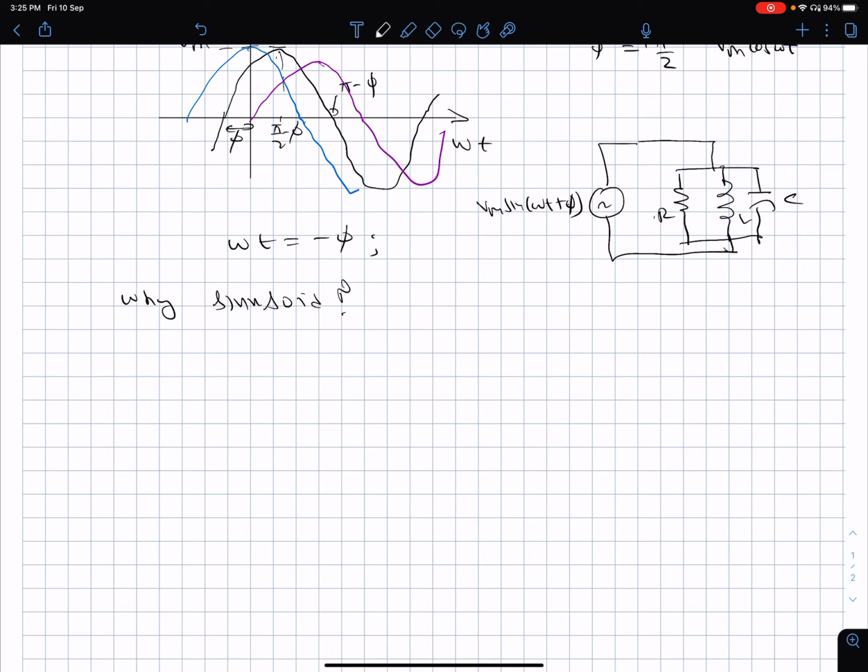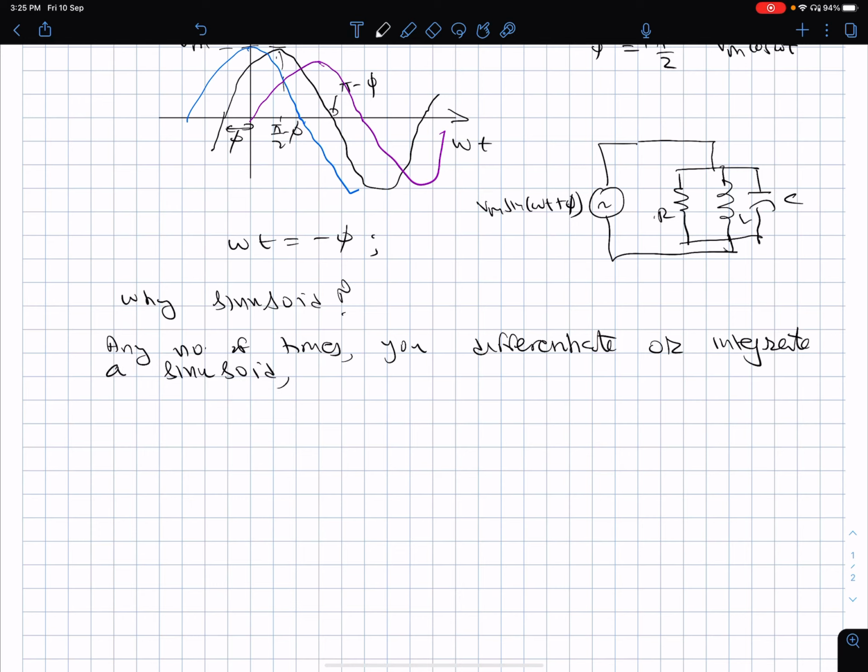Any number of times you differentiate or integrate a sinusoid, you get a sinusoid. And by sinusoid, I also mean cosinusoid or cosine. That co means it's just the brother or sister of the same waveform.